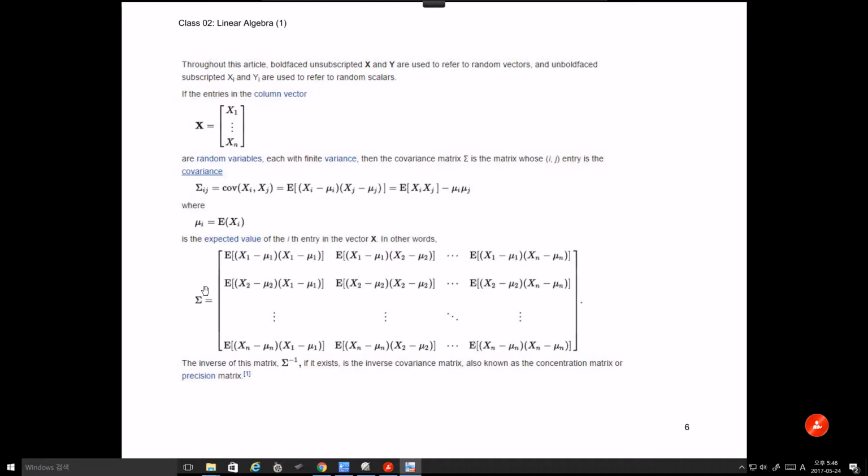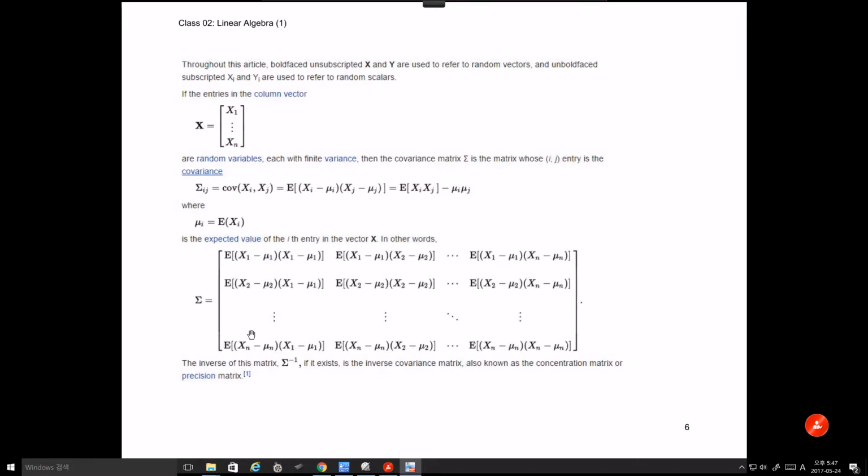This is the expected value of the i-th entry in the vector x. In other words, the covariance matrix looks like this. It is a square matrix. So this is basic variance. These diagonal terms are all variances, and off-diagonal terms are all covariances.